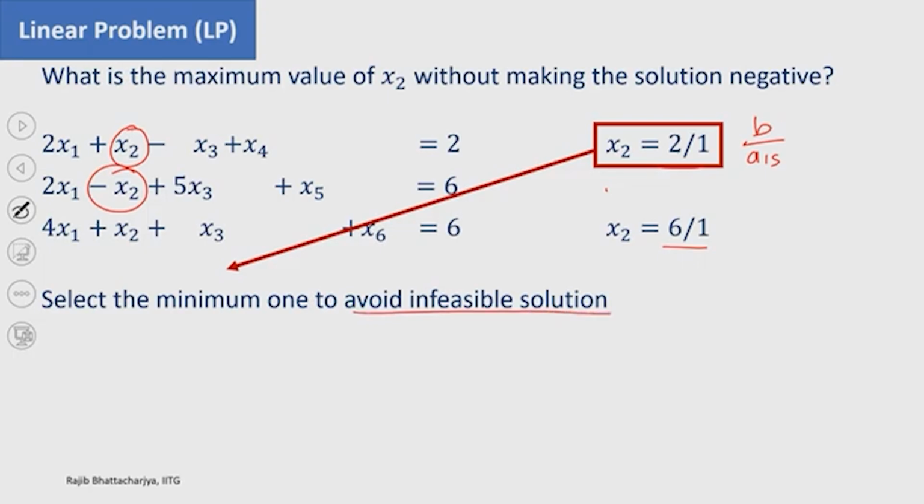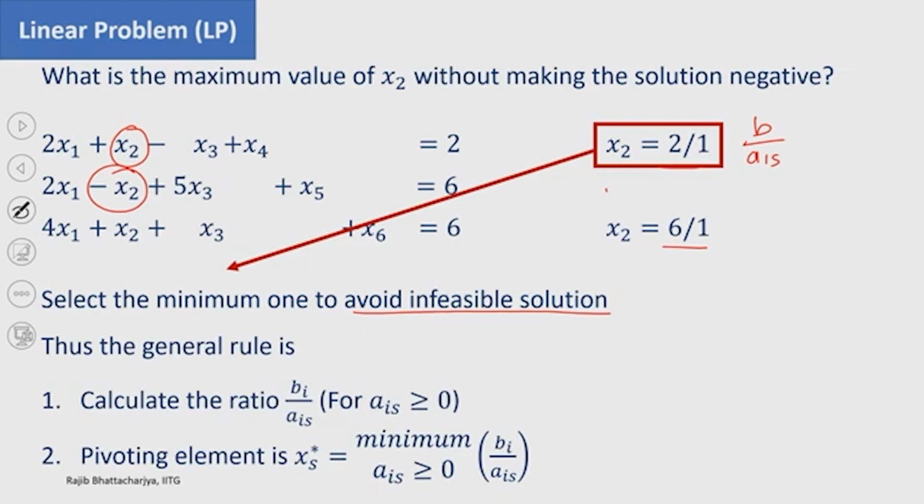So, what is the rule now? The rule is to calculate the ratio b i by a i s. Here a i s is the coefficient of the incoming variable, and a i s should be positive. If it is negative, we will not consider it. The pivoting element x s star is the minimum of this ratio b i by a i s.